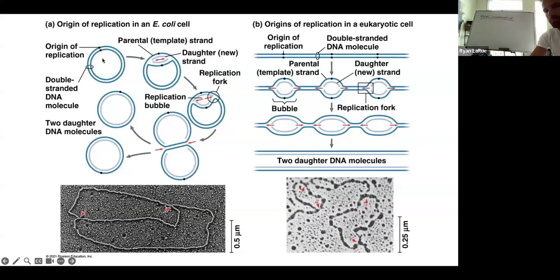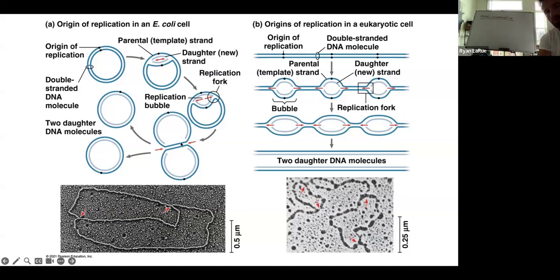Let's look at the E. coli one, for example, on here. So you see this original DNA molecule. It's kind of this dark blue, right? Well, the new strands that are being formed at this origin of replication have a light blue color, right?